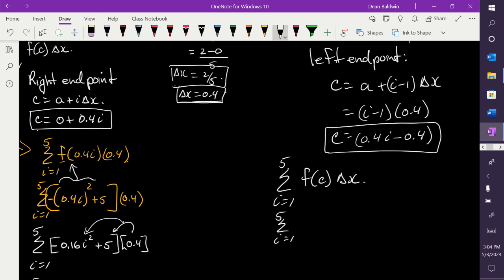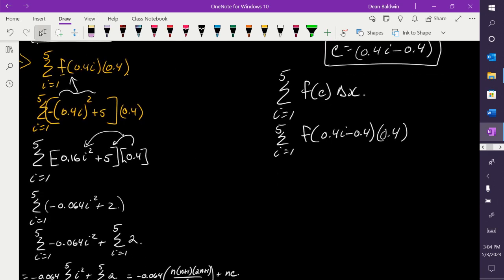Half of it is just writing the sum formula. And delta x we said was 0.4. Wait with me?